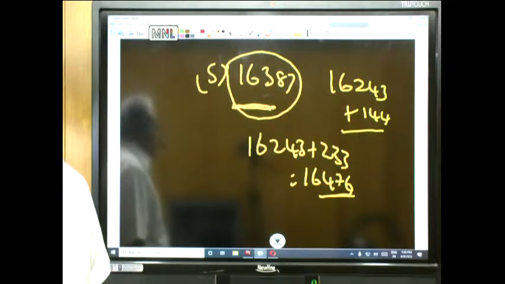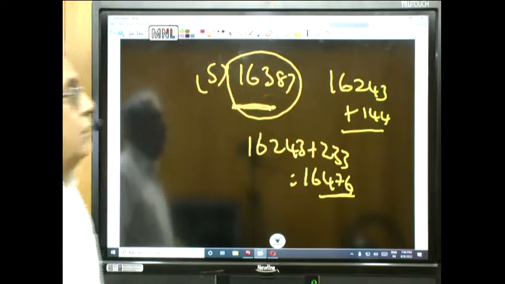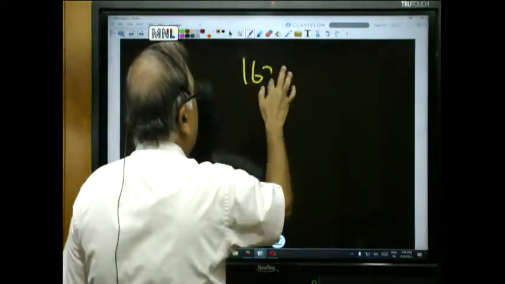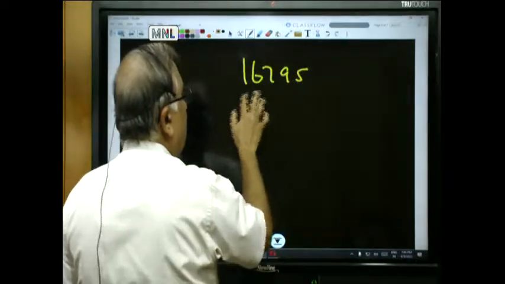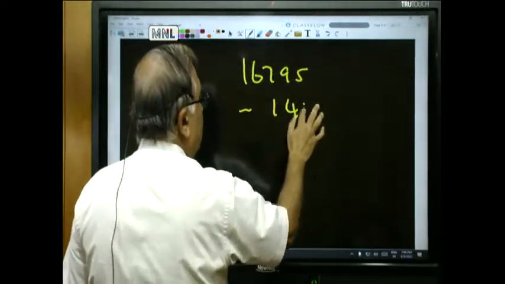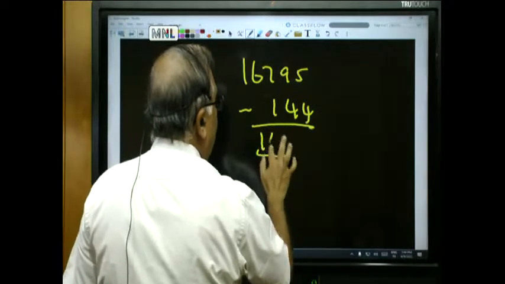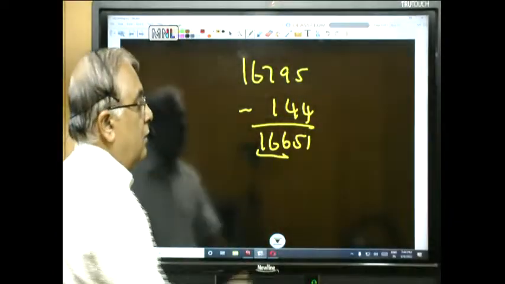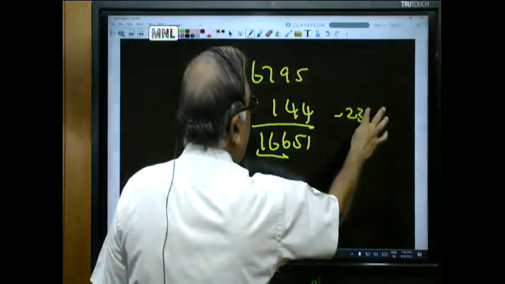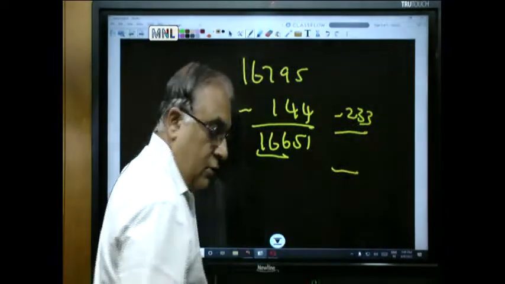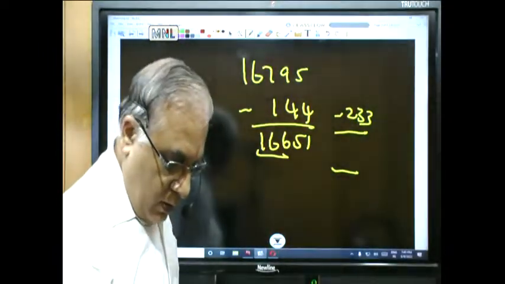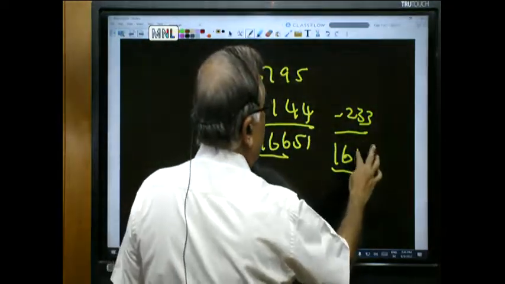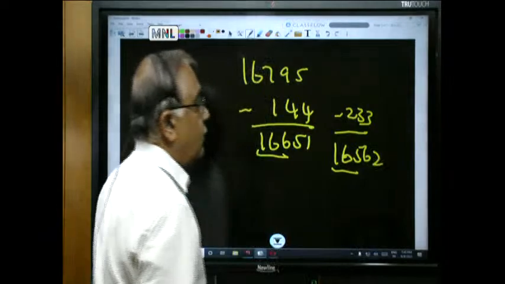So if you look at the same thing from 16,795, it was, let's say minus 144, this is 16,651. Then minus 233, 16,795 minus 233, 16,562.